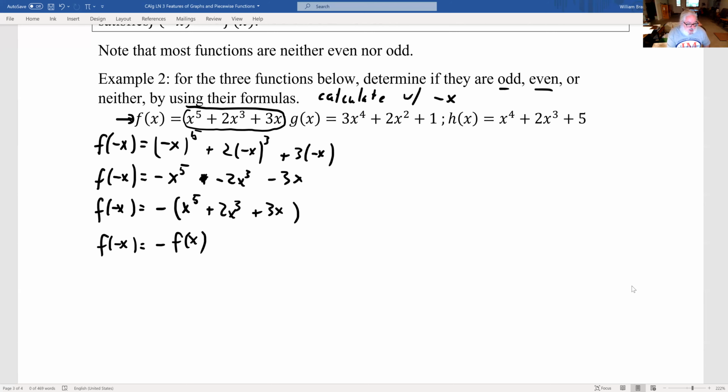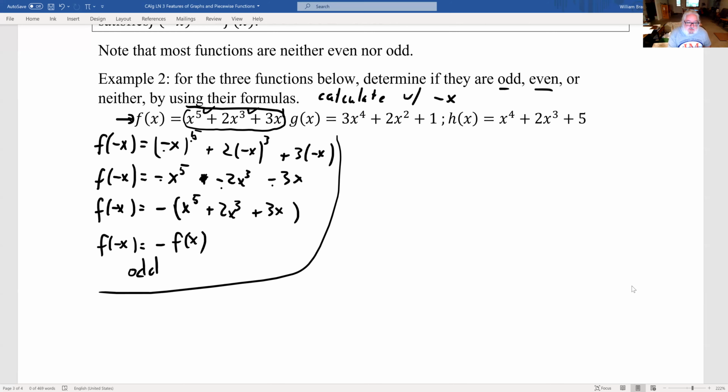Right? So this is an odd function. Why is it called an odd function? Notice that these are all odd powers, right? 3x to the 1st, right? And what happens when you have a negative raised to an odd power? You keep the negative, which means you can factor it all out and you're left with the function again.